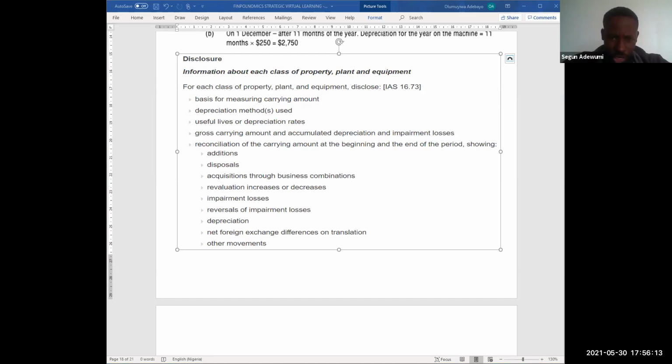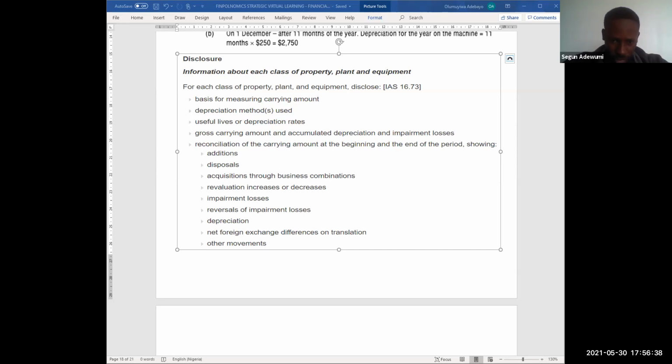Information about each class of property, plant, and equipment. For each class of property, plant, and equipment disclosed: 1. Basis for measuring carrying amounts. 2. Depreciation methods used. 3. Useful life or depreciation rates. 4. Gross carrying amount and accumulated depreciation and impairment losses. 5.